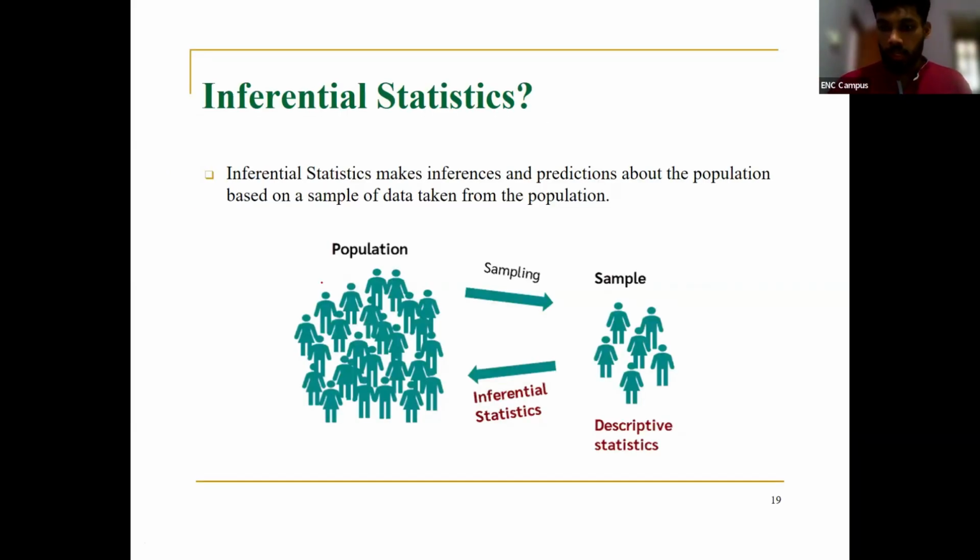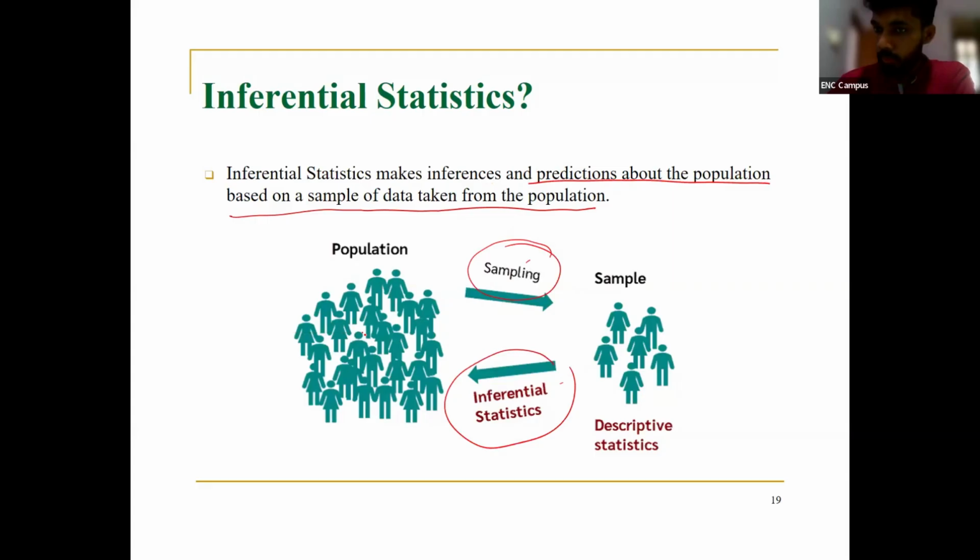Inferential statistics is making predictions about the population based on the sample of data taken from the population. So we have the population, we use some sort of sampling method to take a sample, and we try to make predictions about the population.